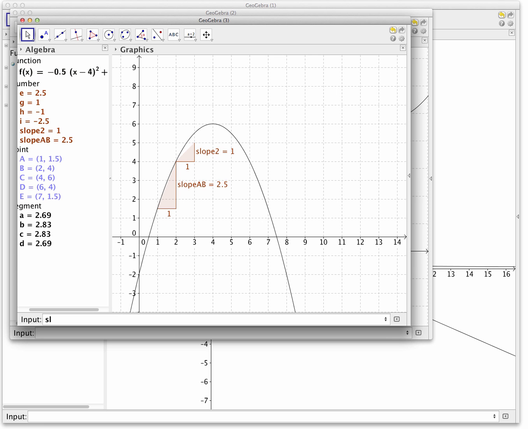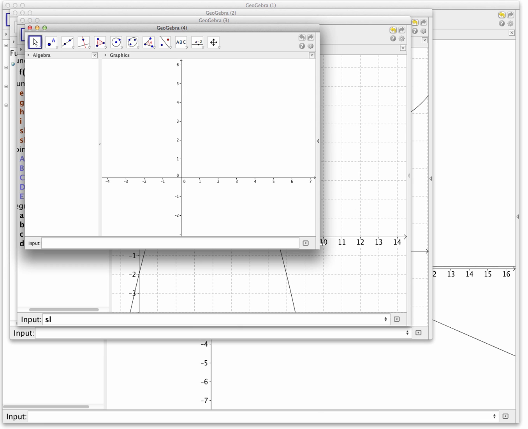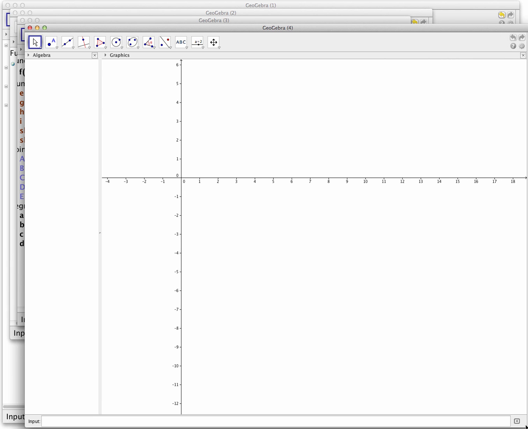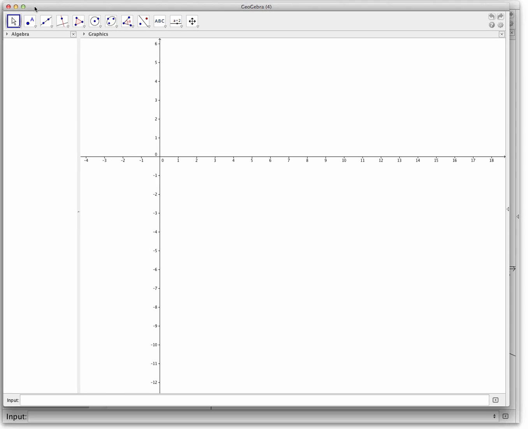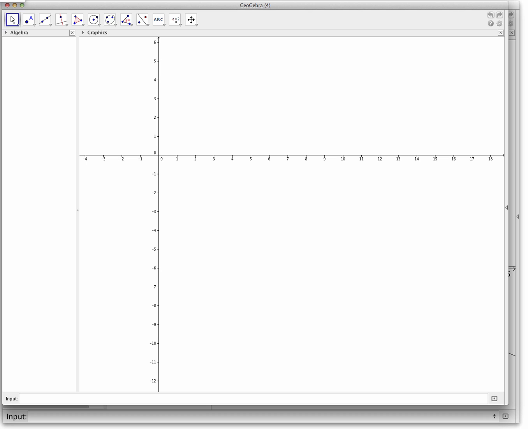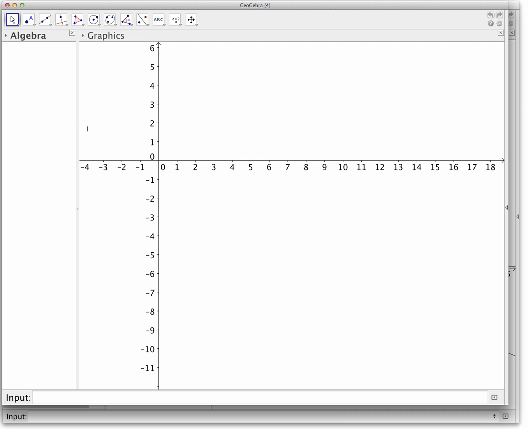So let me open a new window, make it big. I'm going to change the font size so it's easier for you guys to see. I'm going to put in the function f of x equals 0.5 times (x minus 4) quantity squared plus 2.